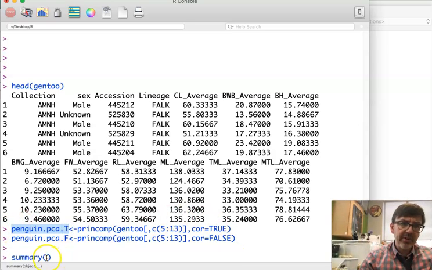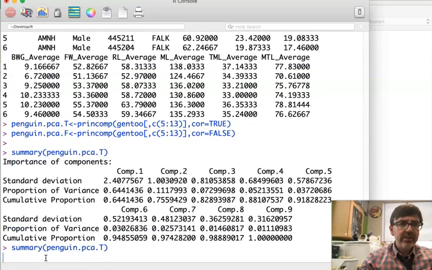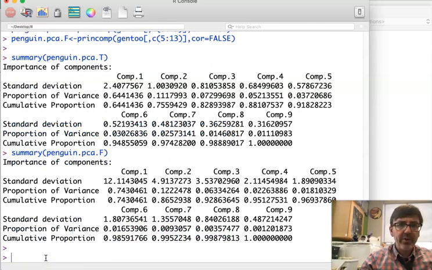What we can look at is the summary of these. So we look at the summary of both of them. Both fit on the screen. So what we do is we put in 9 different variables. We get 9 variables out. But the decision about whether to use true or false does impact the amount of variances explained by each one of these different variables.